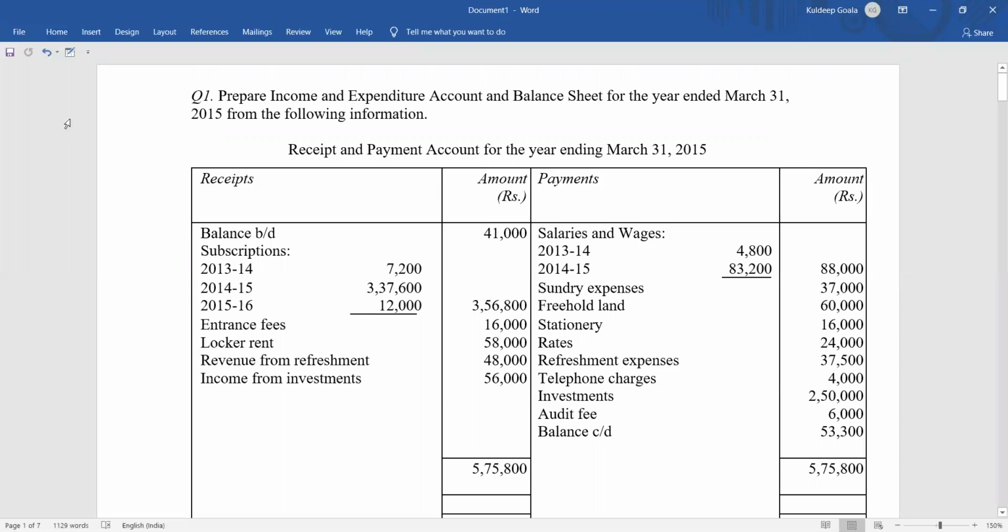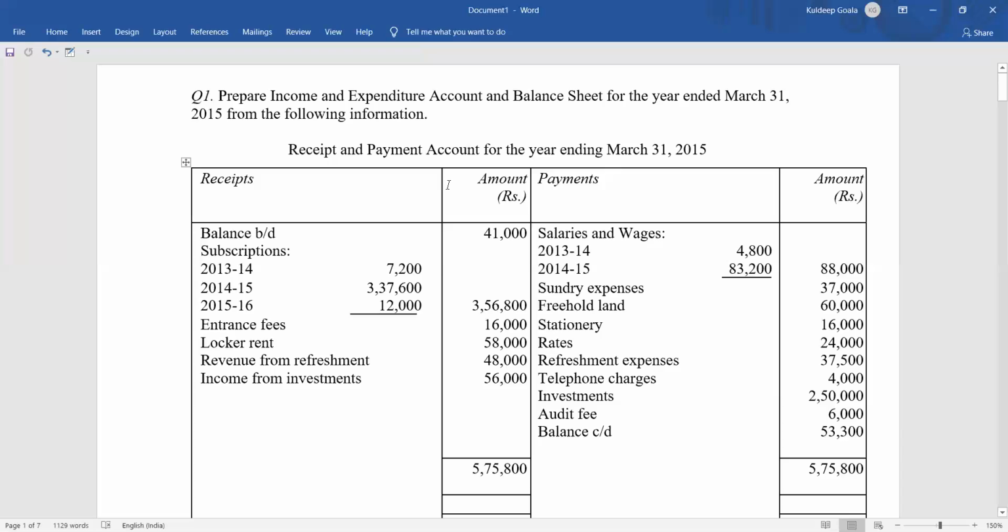Now, before starting, we should know that our income and expenditure account is like a profit and loss account, right? And the profit and loss account follows the rule of accrual basis. What is that? Only and only current year items will be taken for the accounting, and previous year items and next year items will be removed.